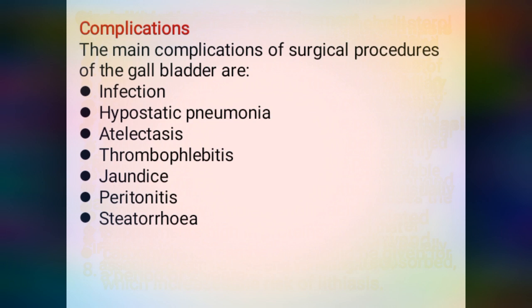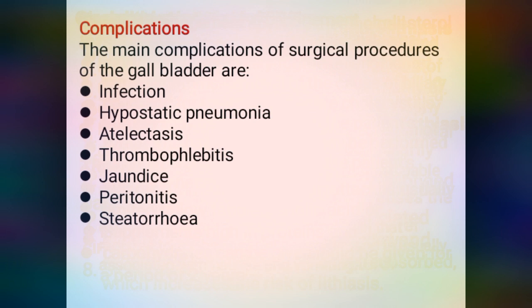It can also lead to hypostatic pneumonia, due to the relationship between the gallbladder, the liver, and the lungs. Hence, the infection can spread even to the lungs and cause pneumonia. And it can also result in atelectasis.